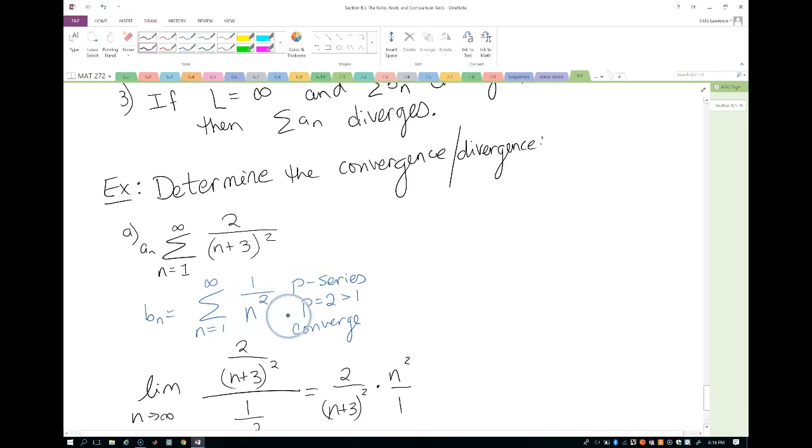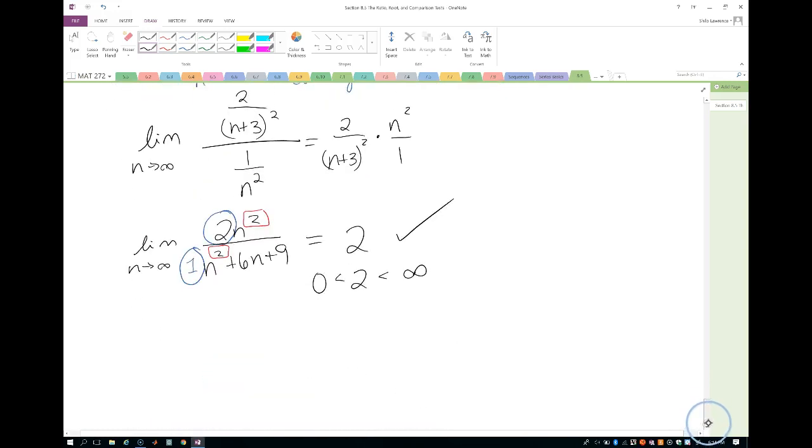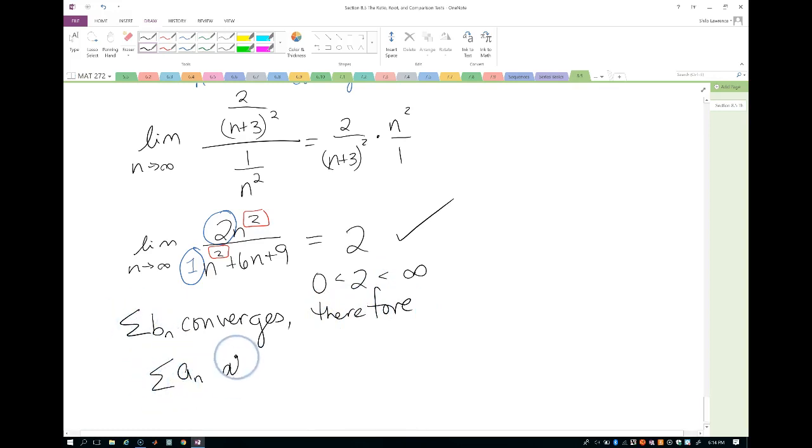So we chose a very simple convergent p-series. The limit came out to be some finite number. That means our series, a sub n, also converges. So b sub n converges. Therefore, a sub n also converges.